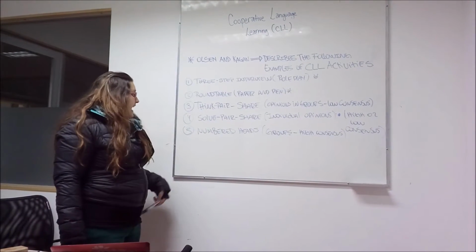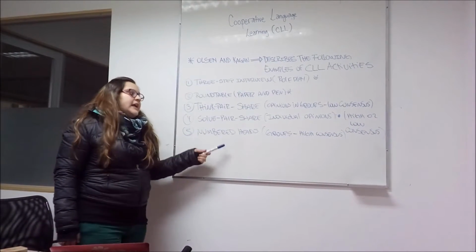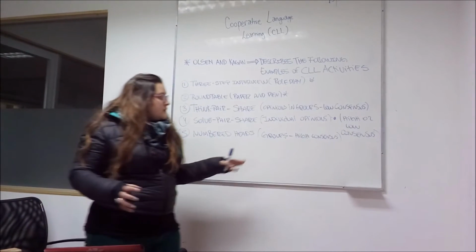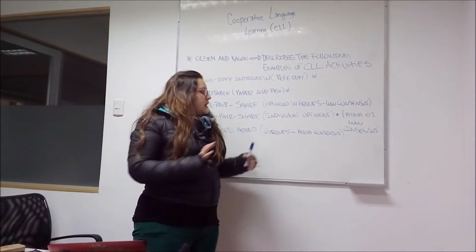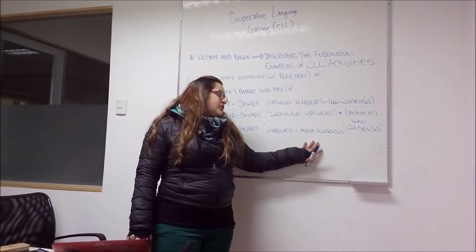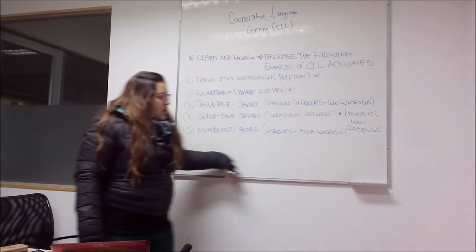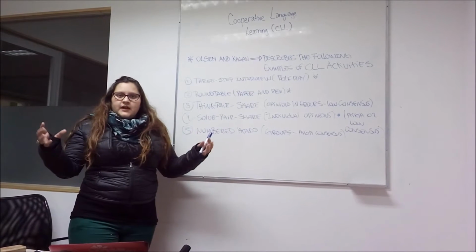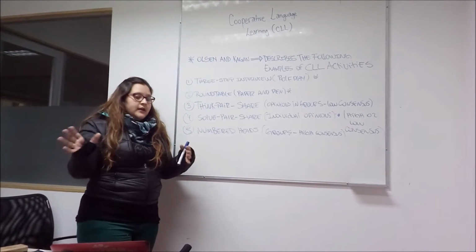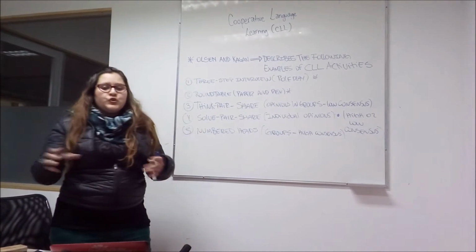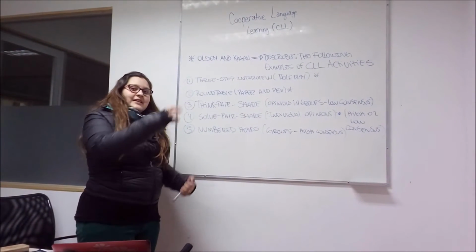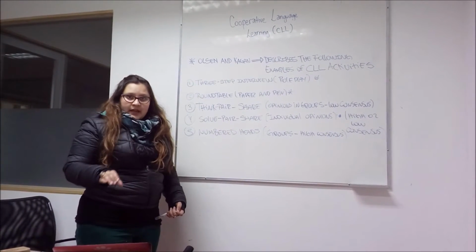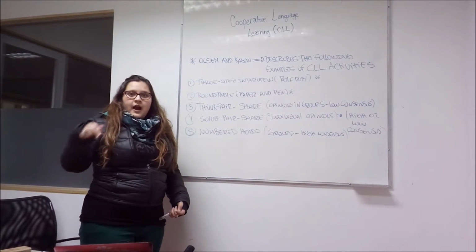And the last one is the numbered heads, which is in little groups in the class with a question of high consensus. This is a question that they resolve in groups, like group number 1, group number 2, group number 3, and in those groups, each of them has a number.